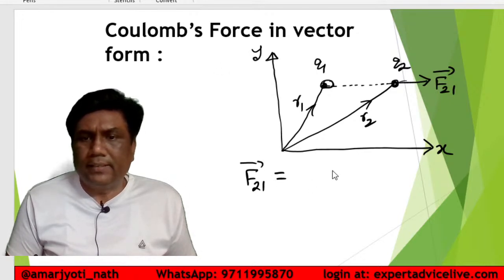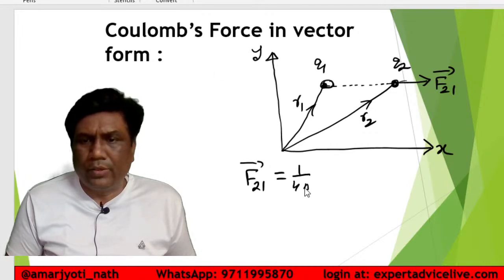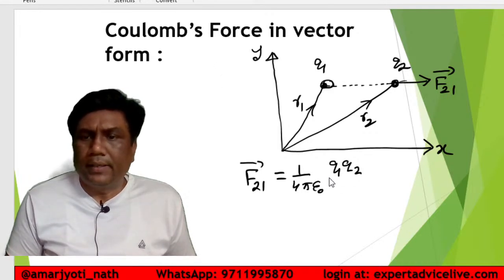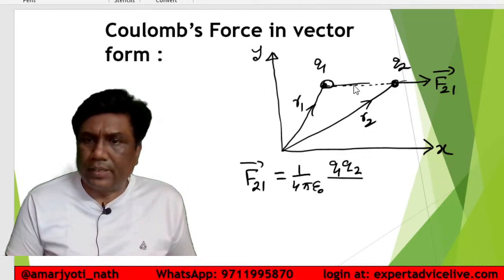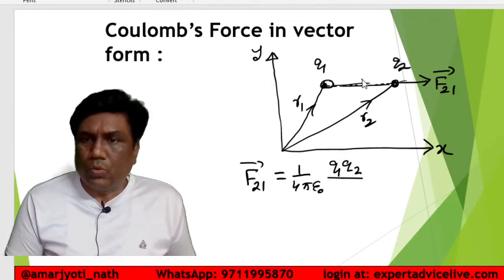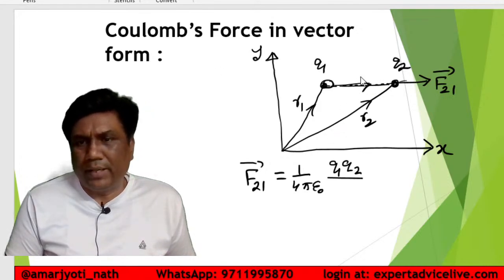The force on 2 by 1 is given as follows. The magnitude part we already know: 1 by 4 pi epsilon naught, Q1 Q2, divided by the separation squared. In vector form, the separation vector R equals R2 minus R1.